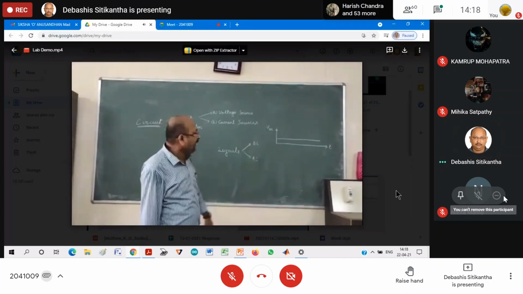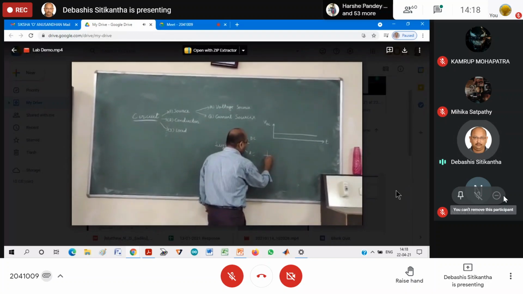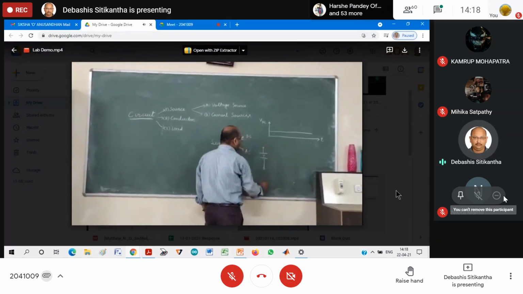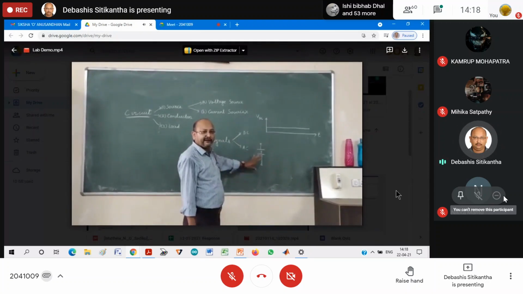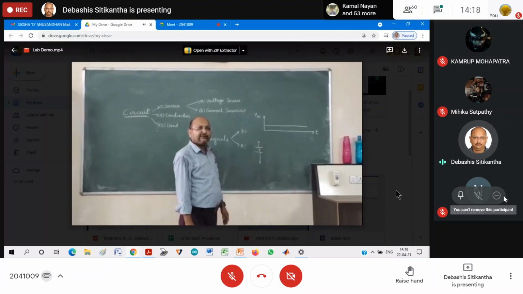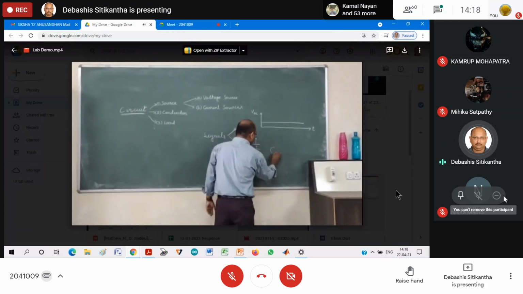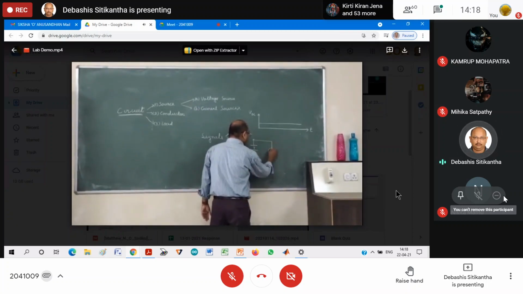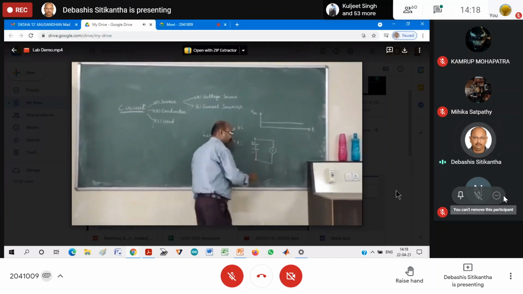Now, that means, suppose I have a battery over here, and I am going to see what voltage is given out by this battery. Obviously, in order to measure voltage, I require a voltmeter. So, let me take a DC voltmeter and connect it across the positive and negative terminal like this.